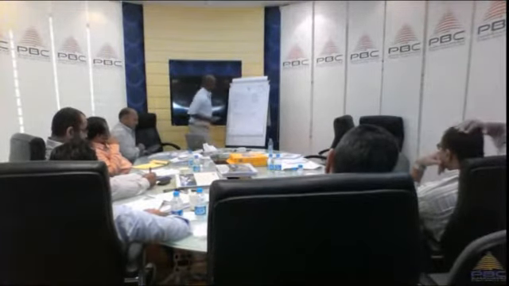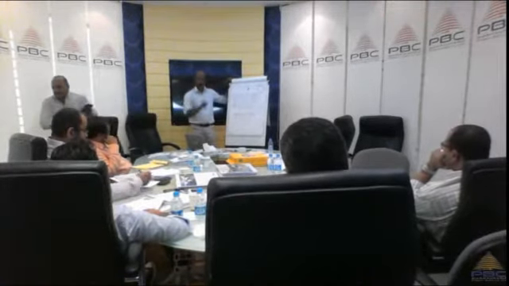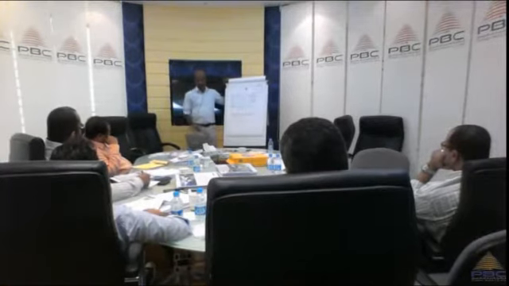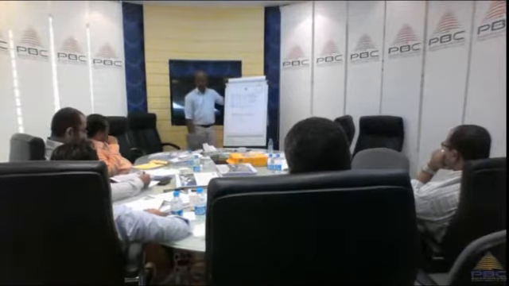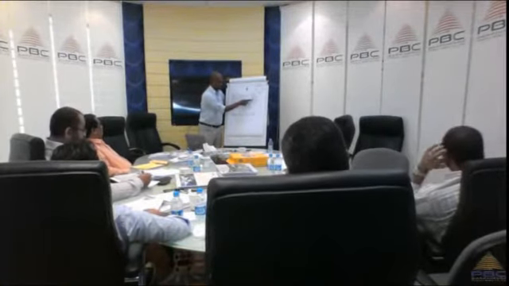Question 2. According to this report of this project manager, how much money did we spend so far? 2.45. So 1.25 plus 1 plus 0.20, regardless of what we did.